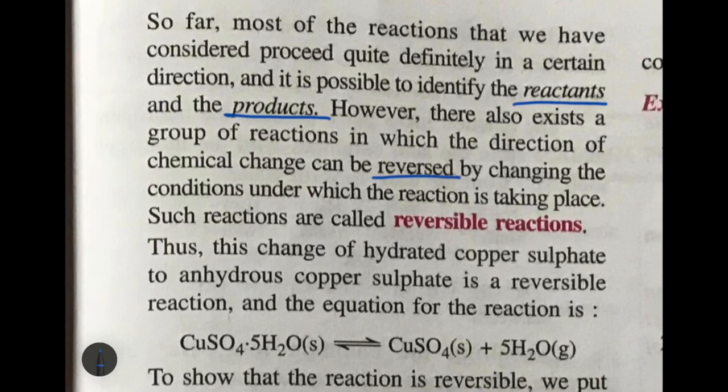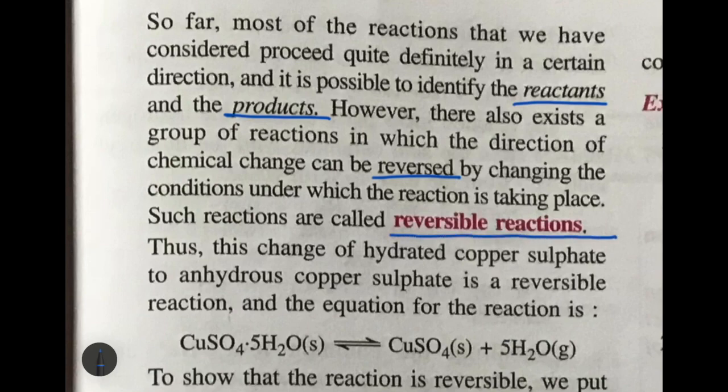I just told you how hydrated copper sulfate, when heated, turned into white powder, isn't it? And then by sprinkling water on it, we would get back the hydrated copper sulfate. So that reaction is known as a reversible reaction.